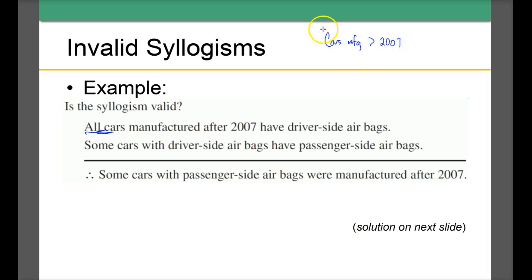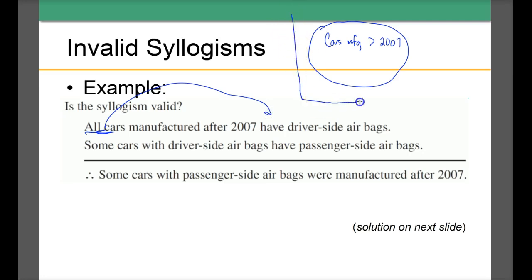And of course, here, all of them have to have driver side airbags. So here's this set within here called driver side airbags.